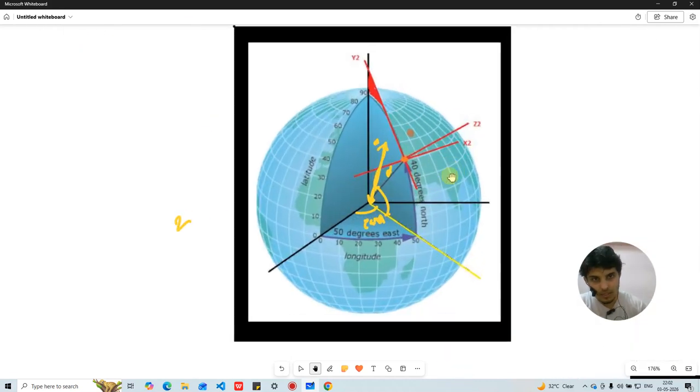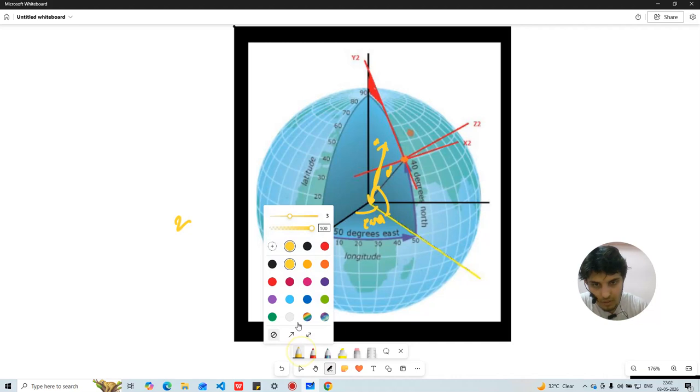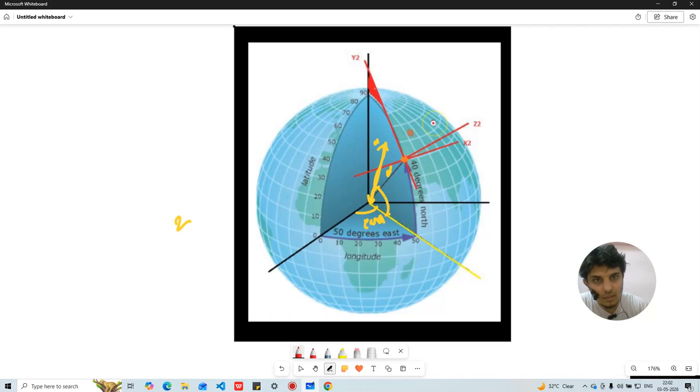Let's change some colors. For example, I am standing here, and I need to watch something here. So how many degrees did I traverse in order to reach it? This is azimuth.